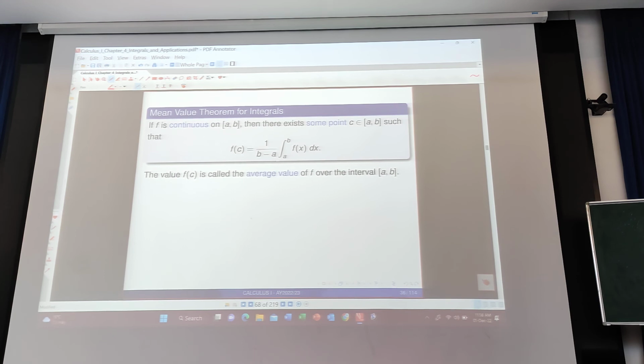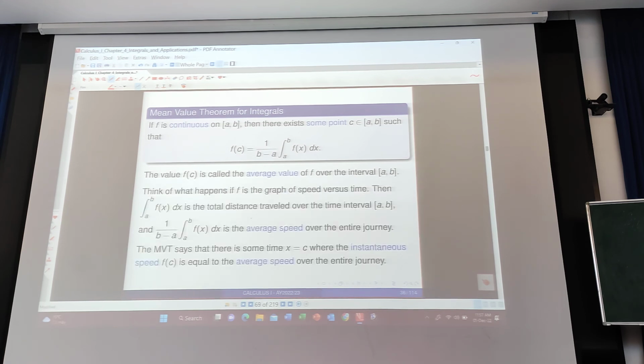The integral value divided by the length, so it is called the average value. Right? So this formula is very important in mechanics and physics because it is related to average speed, related to instantaneous speed.